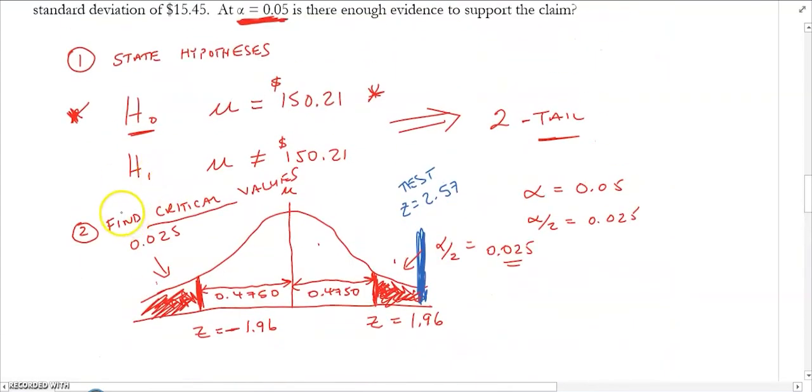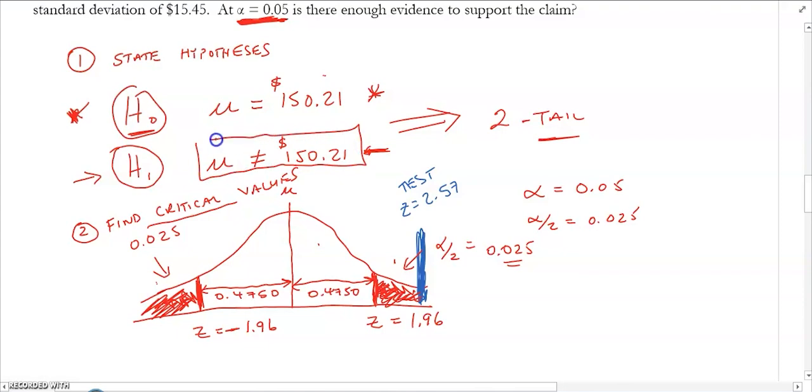You can see that we do reject the null statement, and that means we're going to accept, or not reject, the alternative hypothesis. This is what we're stating as our conclusion, that the mean is not equal to $150.21 per night.